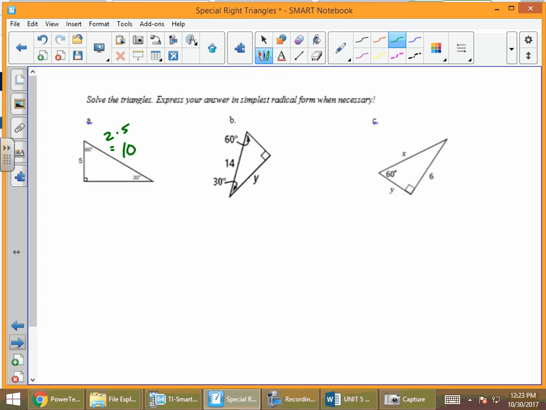Go back to your short side. What do we have to do with our short side to get the long side? And are we going to type 5 times radical 3 in our calculator? No. You literally just have to do 5 radical 3. Done. Pretty easy.